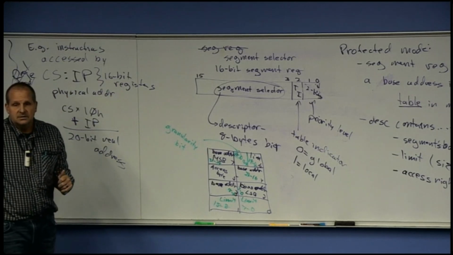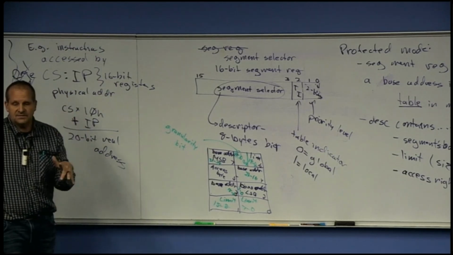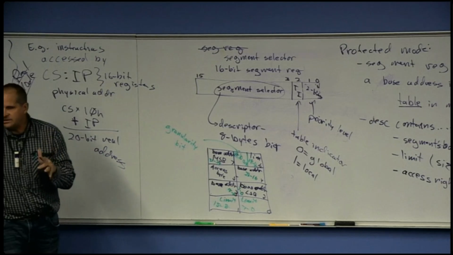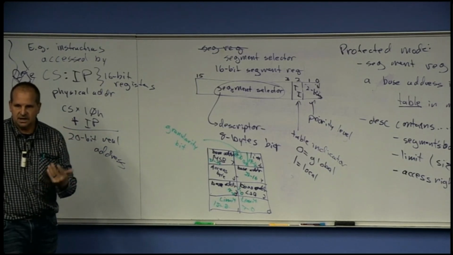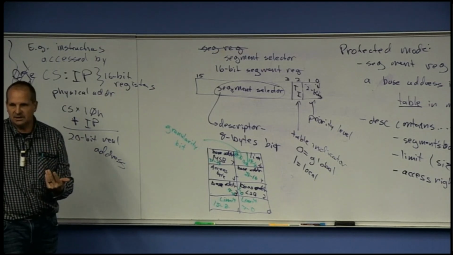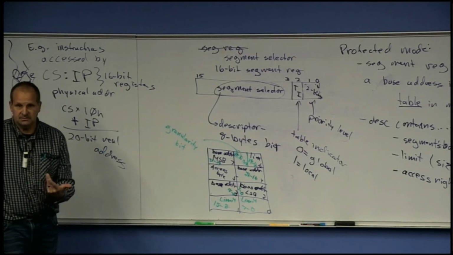So if that's the limit of the offset register, what that means is that our segment size is fixed at 1 megabyte, right? That's the biggest.